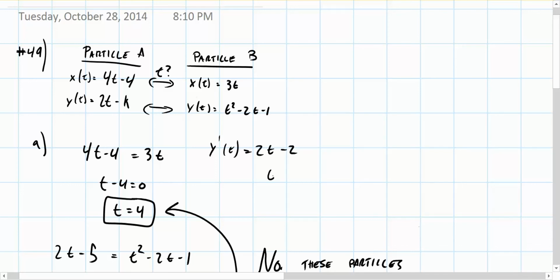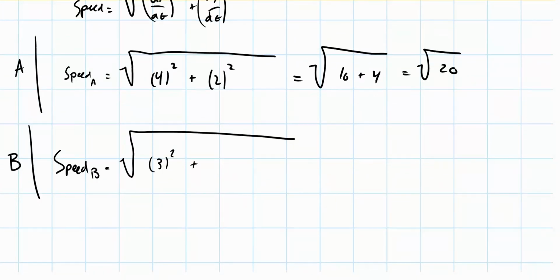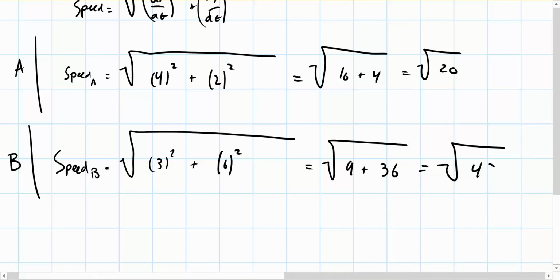We have to remember that t equals 4 here, so we plug that in, and we get 8 minus 2, which is equal to 6. So dy dt for particle B is 6 squared, which is equal to the square root of 9 plus 36, which is equal to the square root of 45.